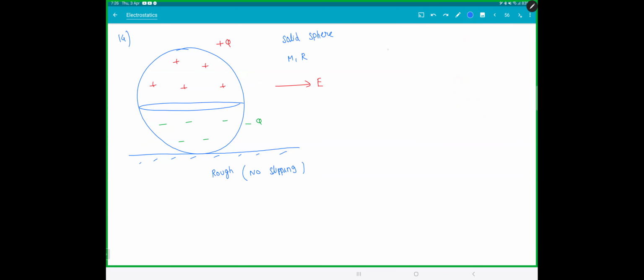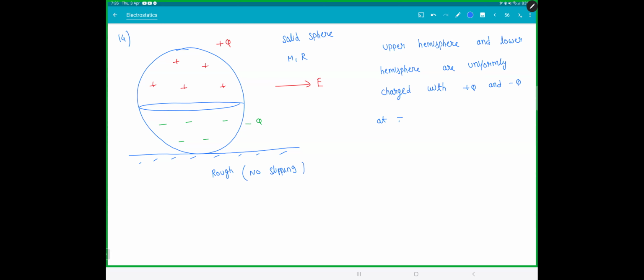Find the angular acceleration and omega as a function of theta. What will be the angular velocity of this sphere after time t, or as a function of theta? The upper hemisphere is uniformly charged with plus q and the lower hemisphere with minus q.